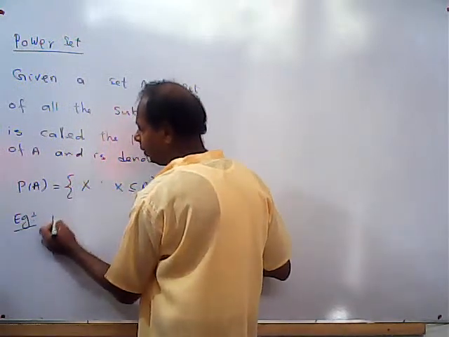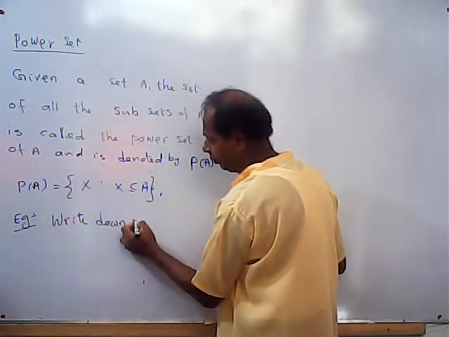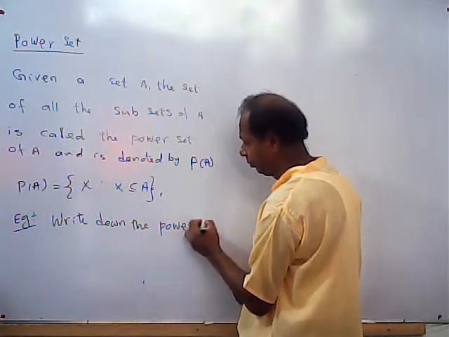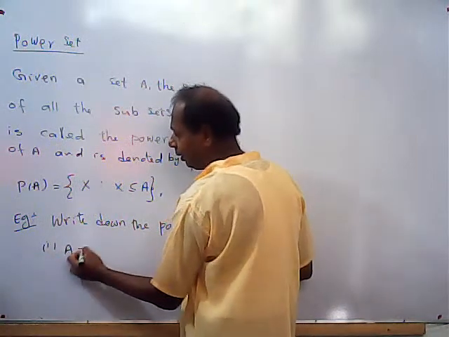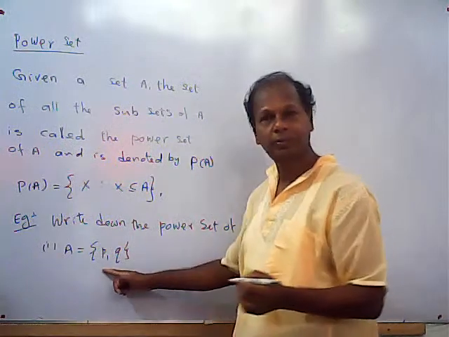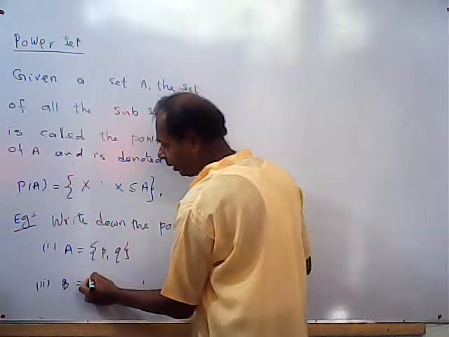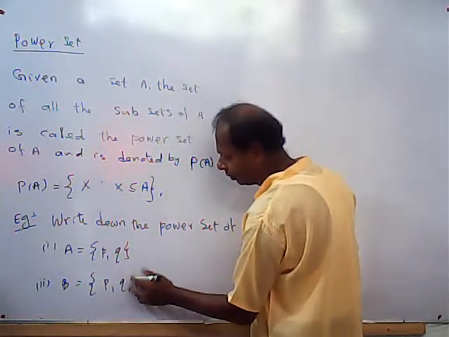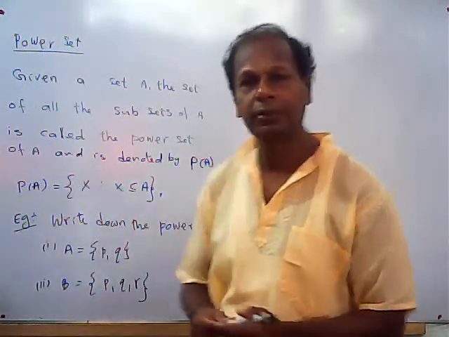Example. Write down the power set of number one, A has elements P and Q. Number two, the set B having P, Q, R as elements. Okay, write down the power sets of these two.